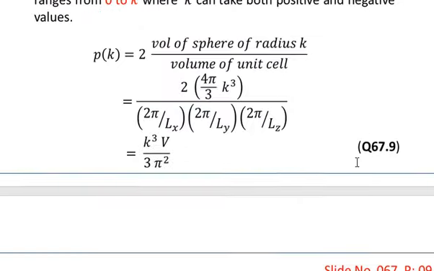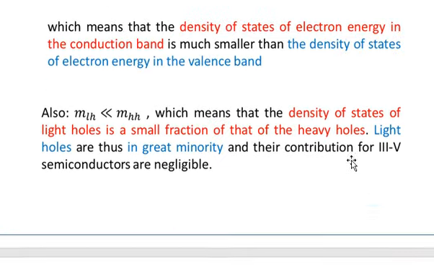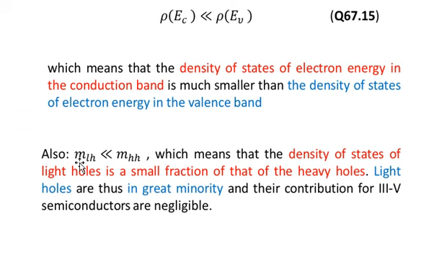So the masses in these two categories have this relationship, that is the mass in the light hole is much less than the mass when we are talking about the heavy hole, which means that the density of states of the light hole is a small fraction of that of the heavy hole. Light holes are thus in great minority, and their contributions to III-V semiconductors are negligible. That's why most of the time we discuss the semiconductors with the heavy hole.